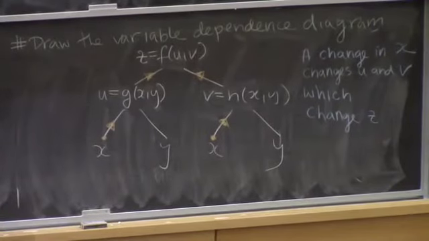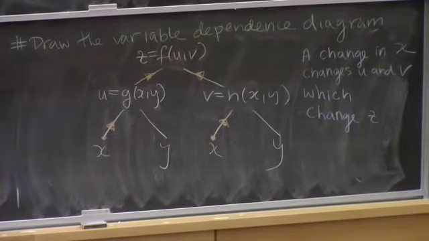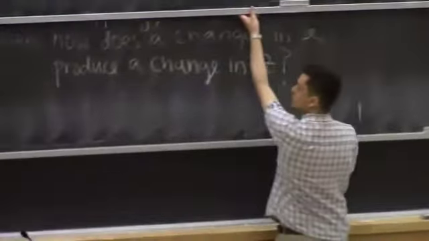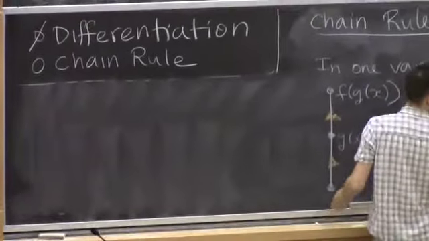Okay, so now our paths are more complicated, and I want to say how this all looks in formulas. Right?